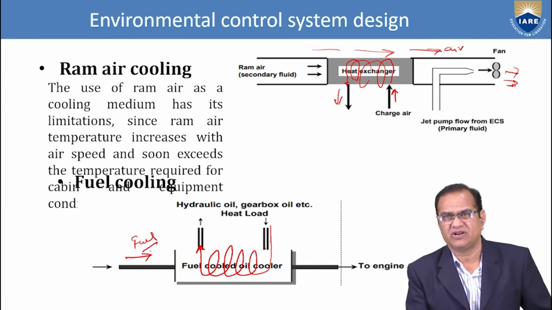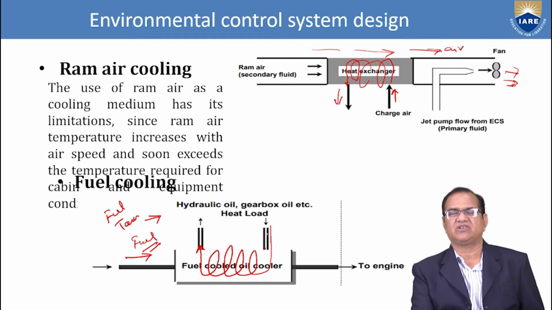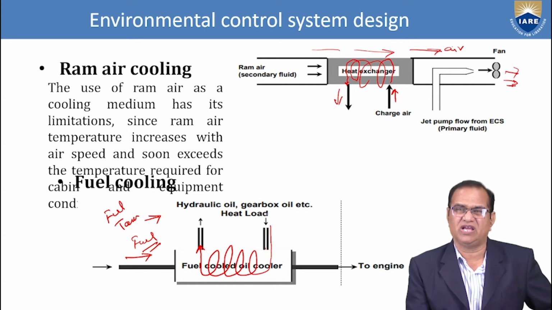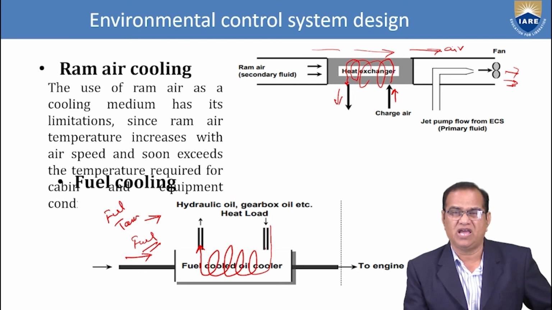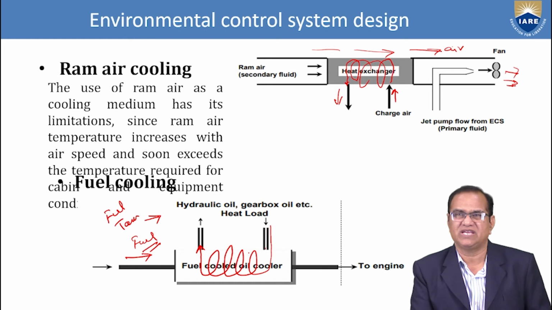Fuel is coming from the fuel tank and goes through this, and here the oil which is used for lubrication of engine bearings is hot oil. This hot oil enters here and is cooled by the fuel. So engine oil is cooled with the help of the fuel which is used to power the engine.